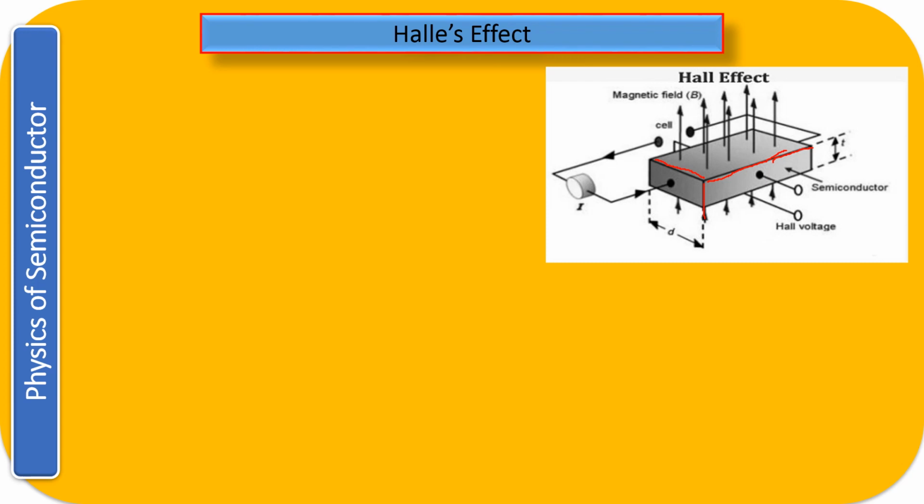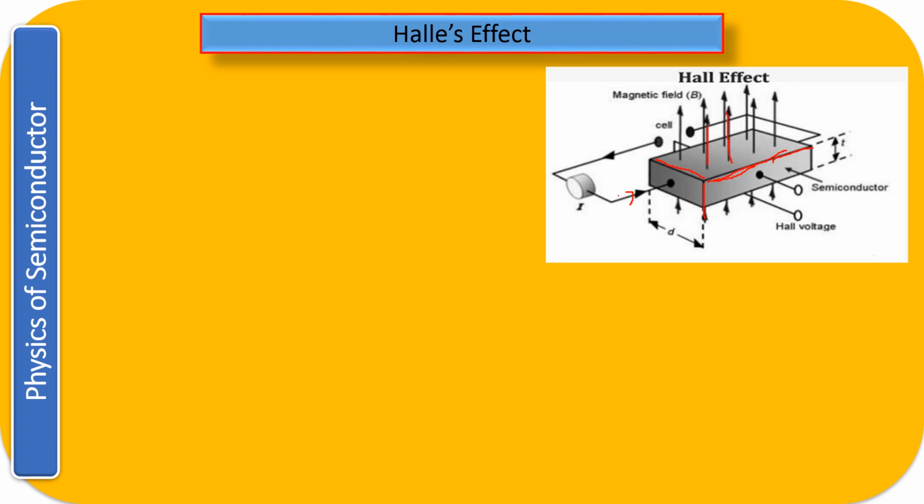Now what we are going to do, along the length of this specimen, we have applied a potential, as you can see over here, and along the length we are going to apply a certain current. So current is passing along the length of this semiconductor. Along its thickness, let us suppose we have applied the magnetic field, right?